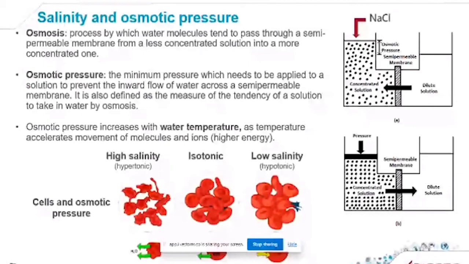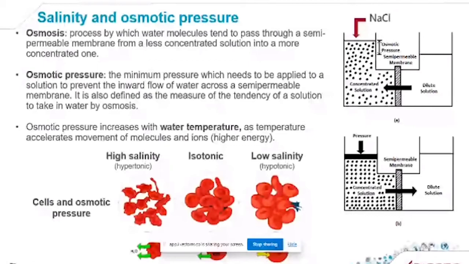So that's the osmotic pressure. It also can vary with water temperature. Typically, a higher temperature means there's more activity, more movement of the molecules and ions, so the water molecules will migrate a bit more actively. So water temperature increases osmotic pressure.